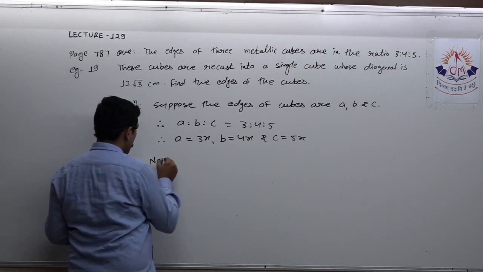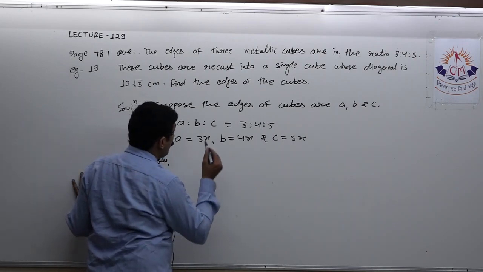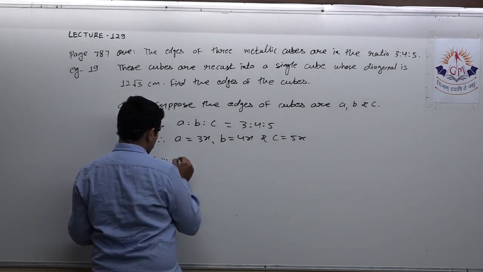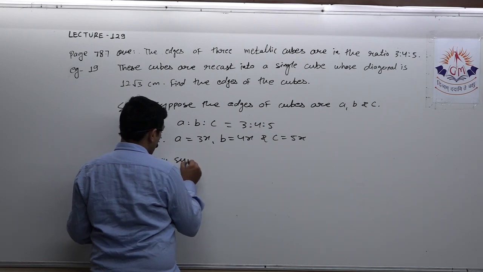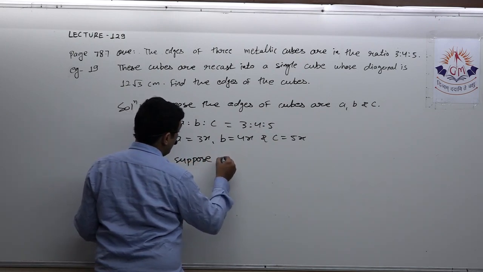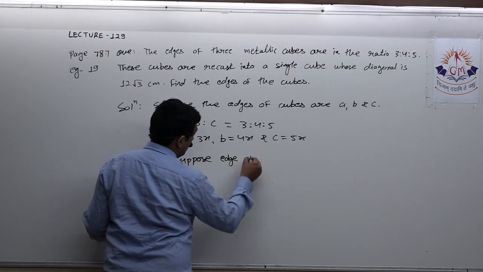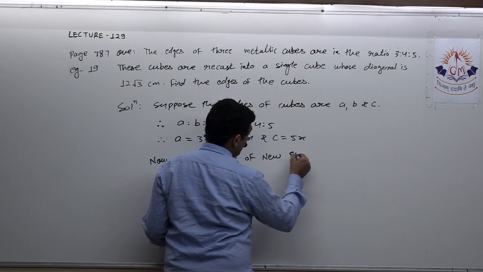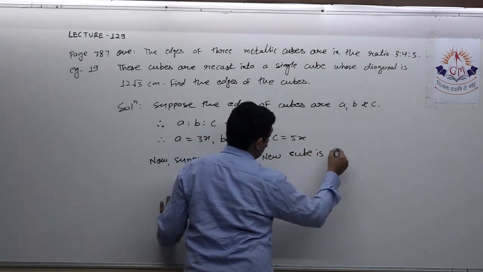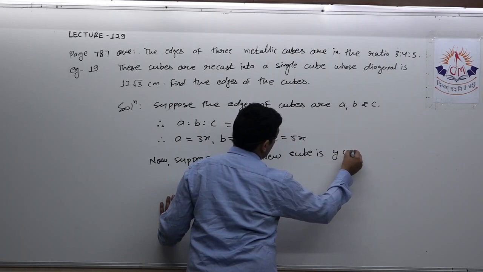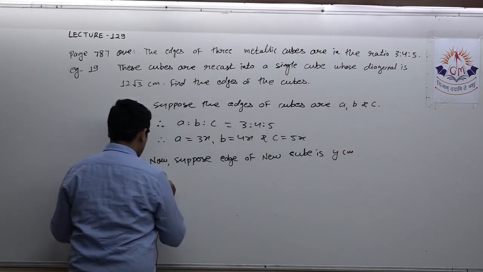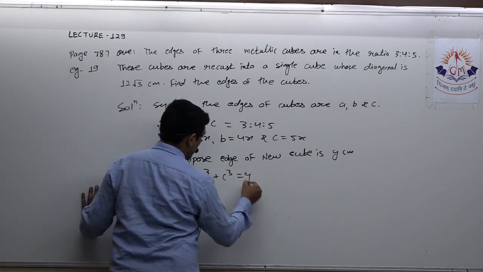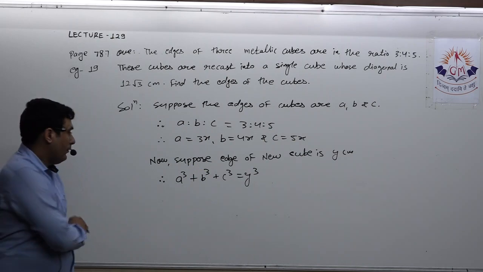Now volume of three cubes is equal to volume of new cube. Now suppose edge of new cube is y centimeter. Therefore, I can say a cube plus b cube plus c cube is equal to y cube. Volume of these three cubes.